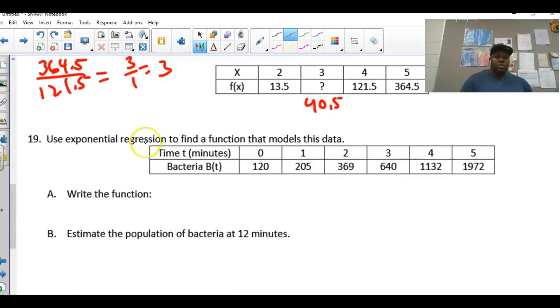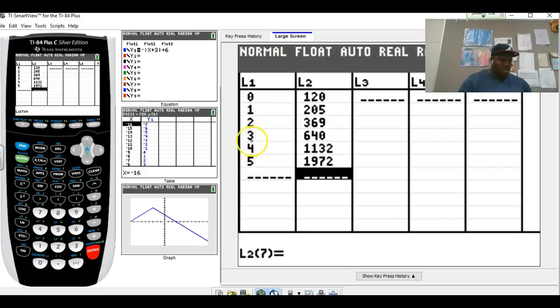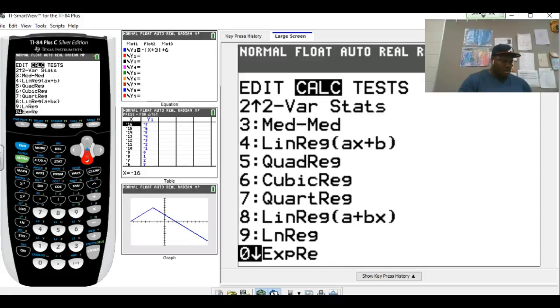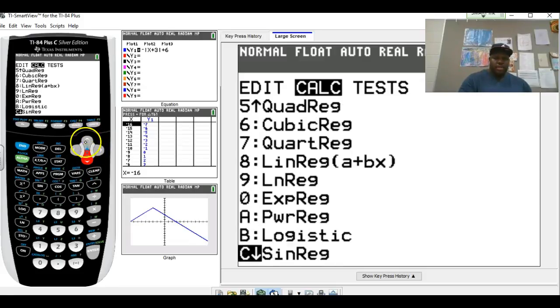Now, it says use the exponential regression model to find the function that models the data. So we're going to find the function. We're going to take this and enter it into the calculator like so. Once our data is in, we're going to press stat and calculate, and we're going to do exponential regression again. And guys, that's option 0. Oh, passed it. You know what, I'm going to just hit 0.